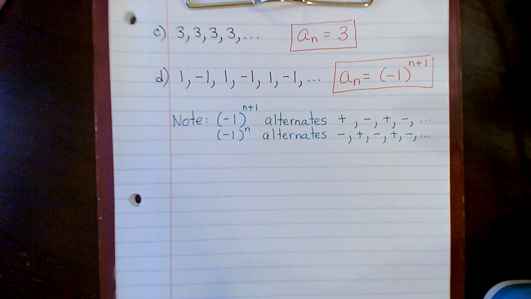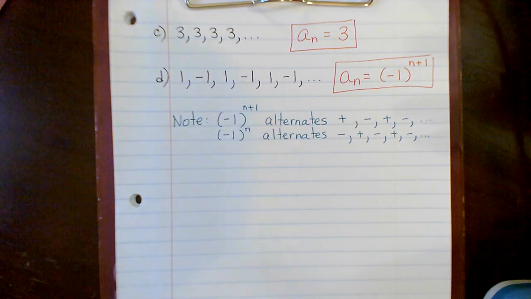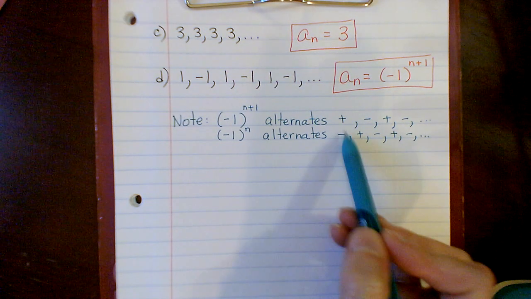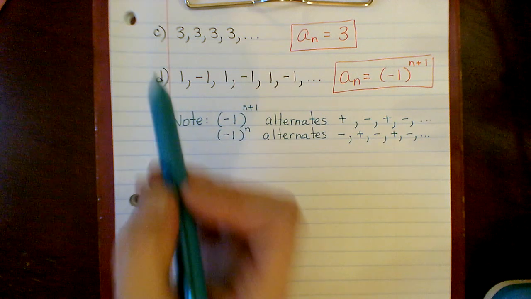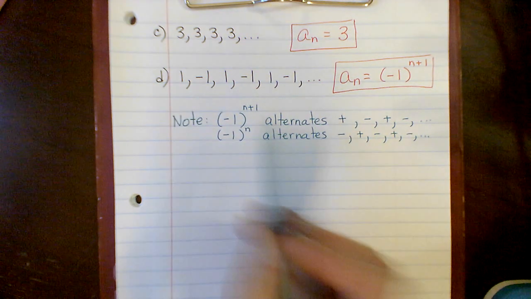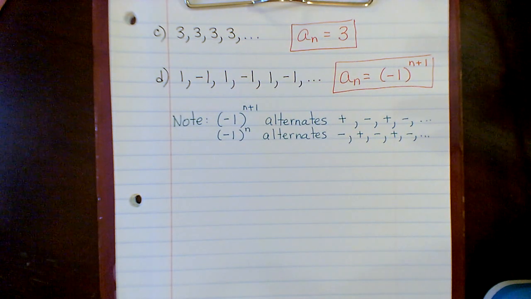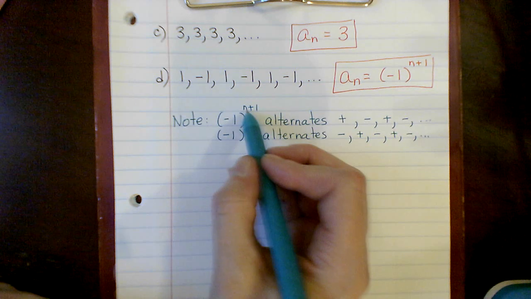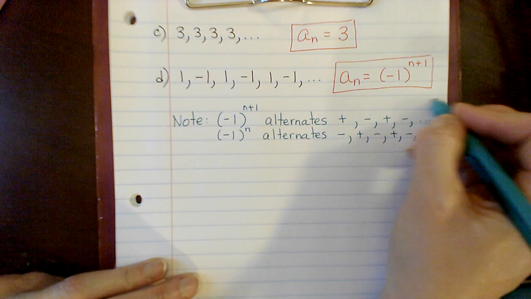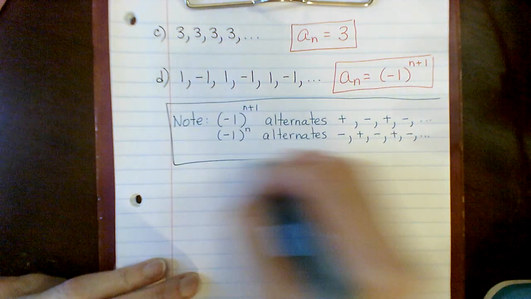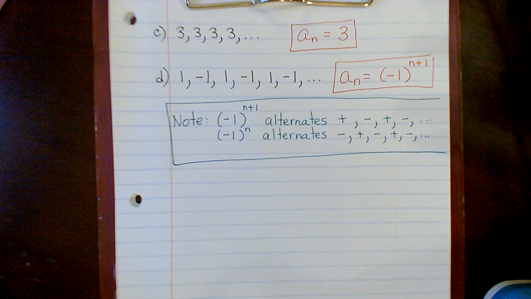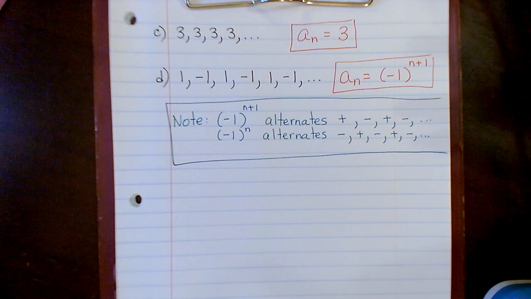And there are sequences that start alternating with negatives. So if a negative starts your alternating, you're going to need an n power. If it starts with a positive, then you're going to use that n plus 1. You could always use an n minus 1 as well. Either one of those will work. So that's just kind of a general formula for alternating things.